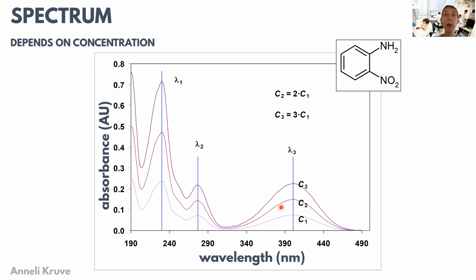excited to the excited state, then they can be excited to multiple different vibrational or rotational excitation levels, which means that there are really many possible combinations of the radiation wavelengths that can be absorbed by the molecule.